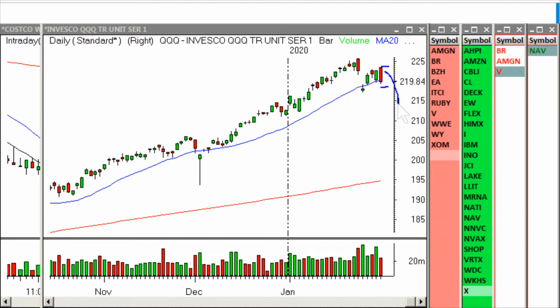It looks like we're going to start pulling back, but the reason I'm hesitant to say that is because we have a rising 20. Usually you don't get a really nice pullback until the moving average flattens out a little bit. So we still have a rising 20. We'll see, but it's looking like it's going to be a lower high here on the daily chart.